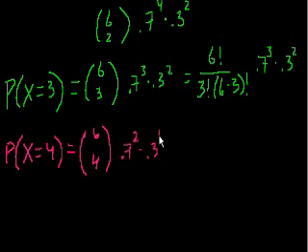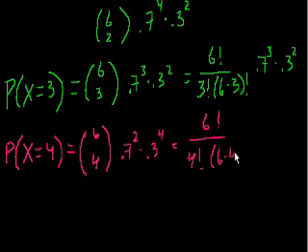So to make 4, it's 0.3 to the fourth. So in any one of these ways where I make 4 shots, this is their probability. And there are this many ways of doing it. And that's equal to 6 factorial over 4 factorial times 6 minus 4 factorial, and then times 0.7 squared times 0.3 to the fourth.